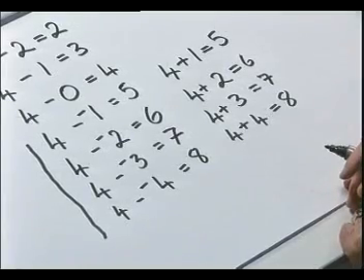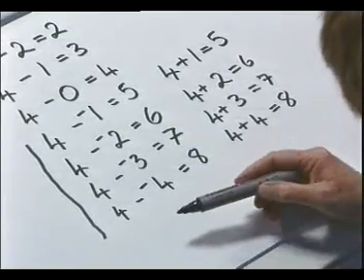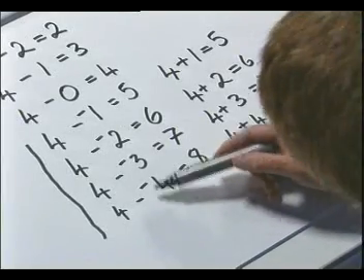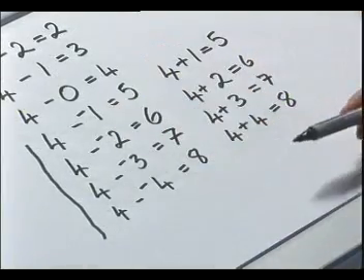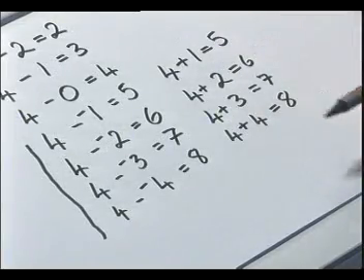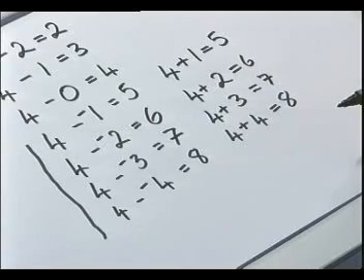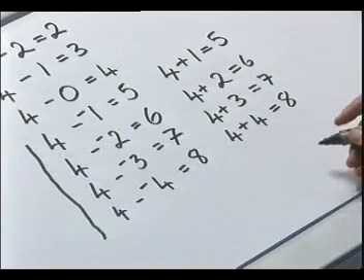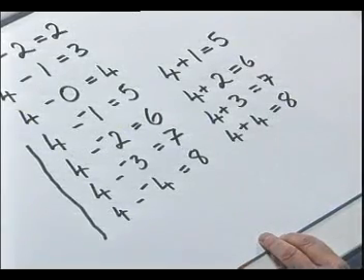So, if we look at our pattern, we can see that when you've got the subtraction of a negative number, that's the same as the addition of a positive number. So we'll use that rule to work out these calculations.